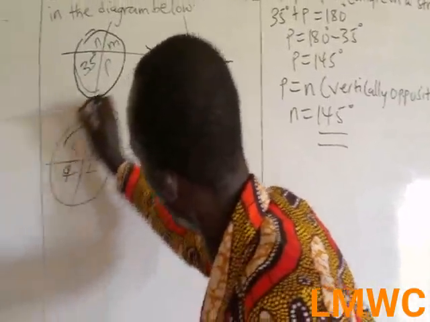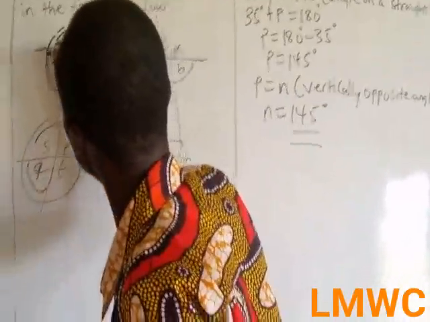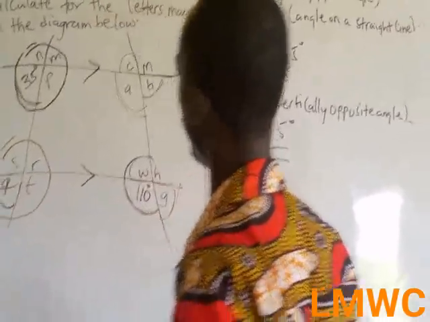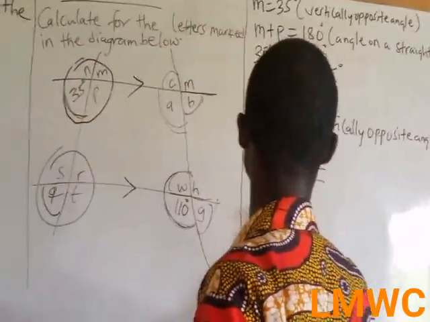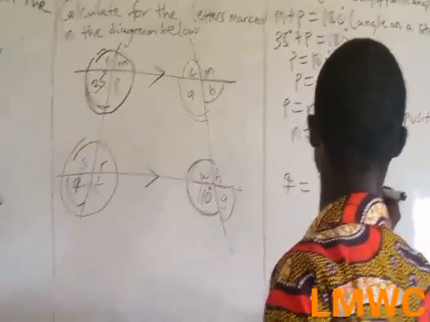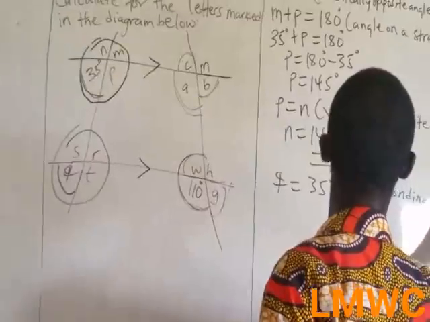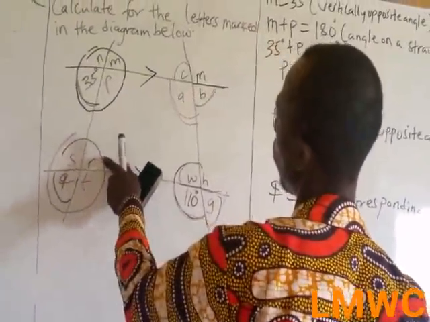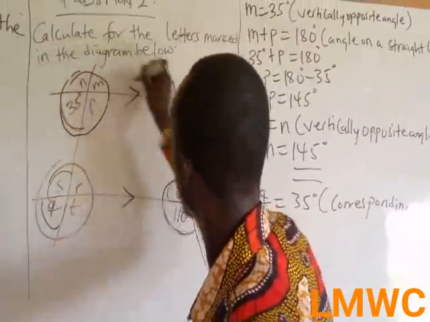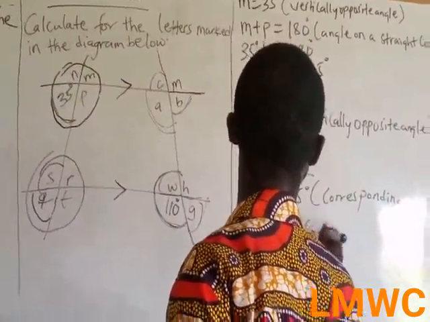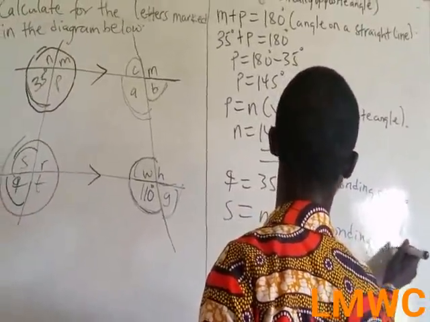Let's take this one, P, Q, T, S, R. Q corresponds to 35. Because this is at the bottom, this is at the bottom, so Q is equal to 35 degrees, corresponding angle. Or Q is equal to R, vertically opposite. What is S? S corresponds to N. S is equal to N, corresponding angle.